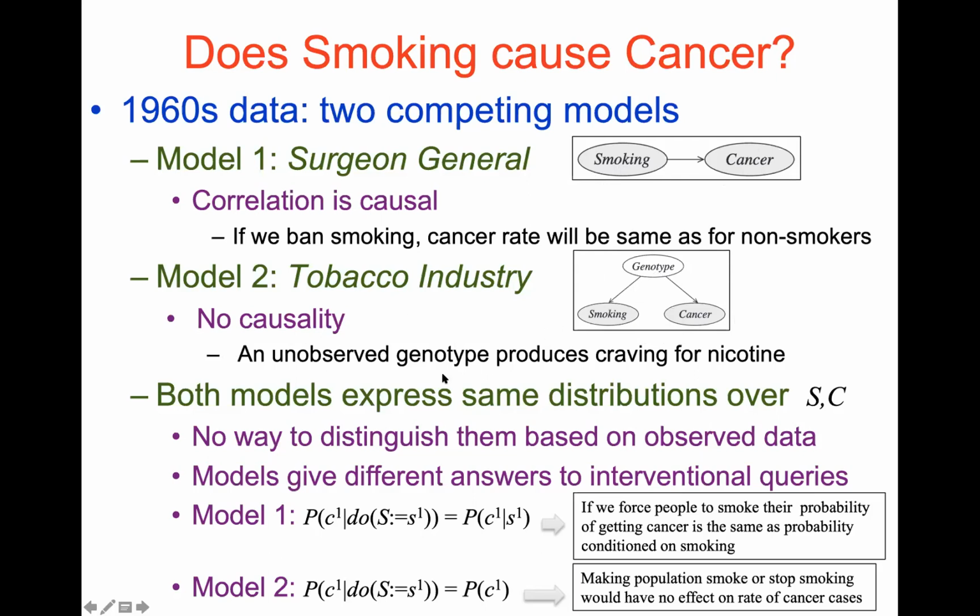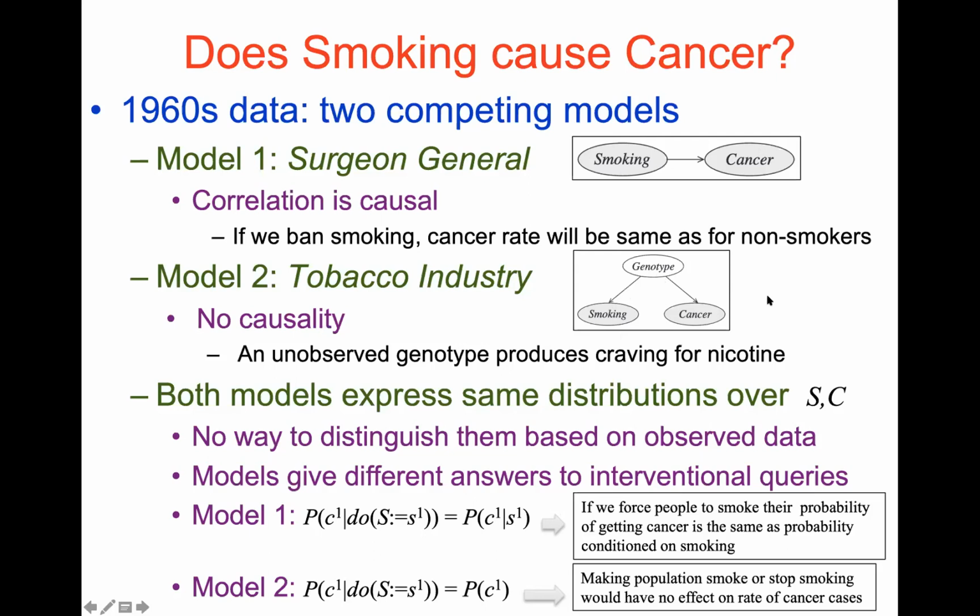An unobserved genotype, some kind of genomic predisposition, produces craving for nicotine. So there are people who get cancer, and there are people who have a craving for nicotine. And so there is correlation between these two, and it is not this model, but this other model.